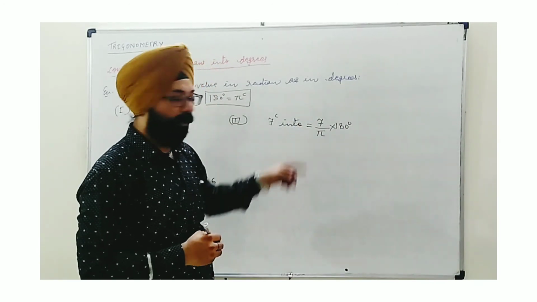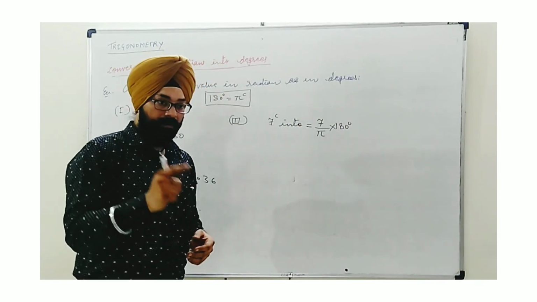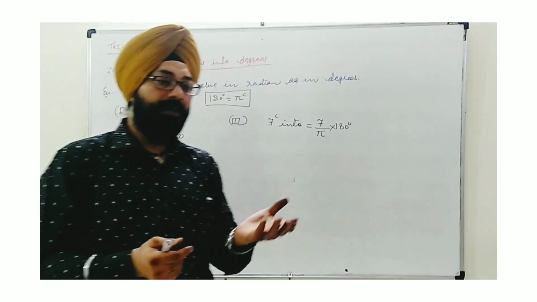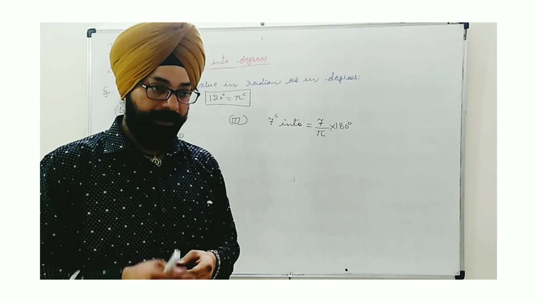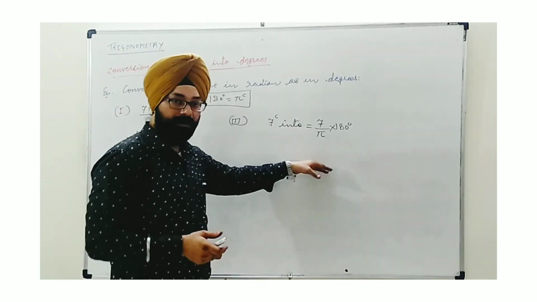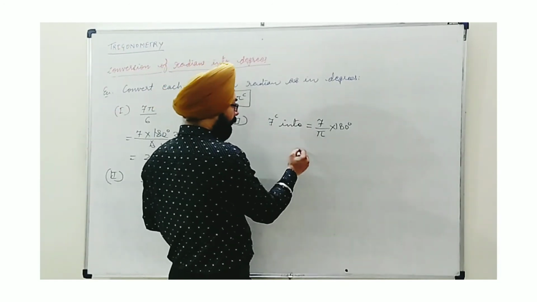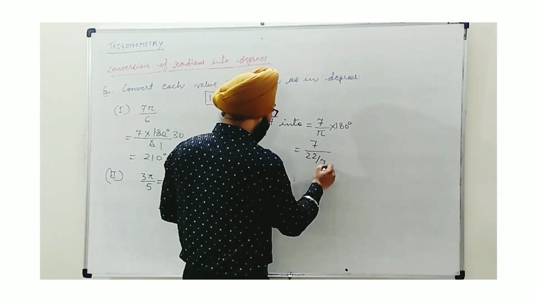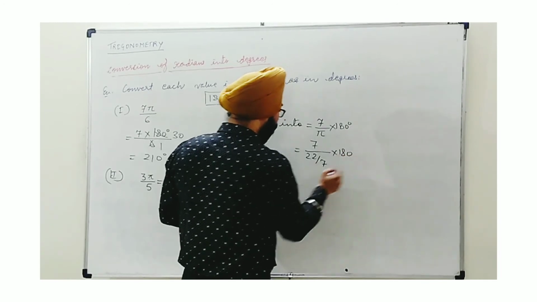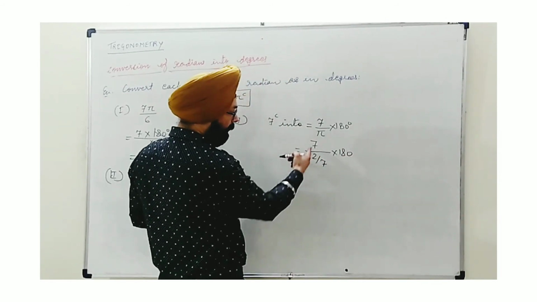Okay. Further, how to solve? Whenever we have to obtain answers in terms of radian, we express them in terms of pi. But when it is in degree, we replace pi by 22 by 7. So this is 7 into 22 by 7 into 180. This 7 goes up in multiplication with the numerator.